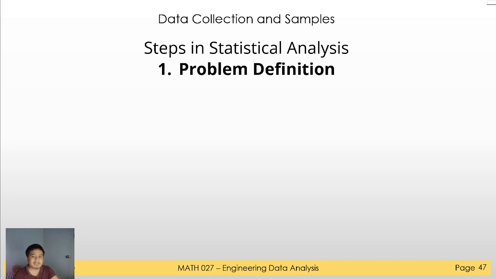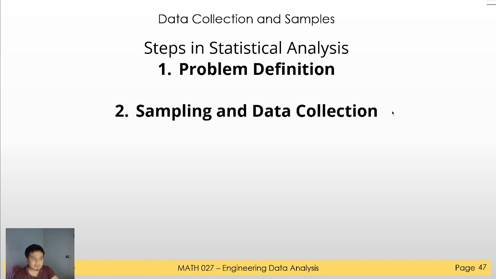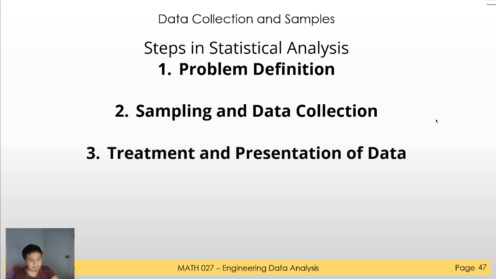So we want to define what our research problem is. What question do we have, and the next one will be how do we sample or collect the data to answer that research question, and then how do we present this data. There are different types of data, there are ways to treat them, and then the analysis.